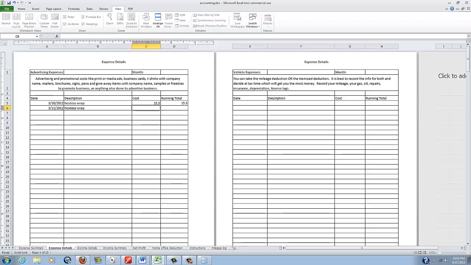And the other hostess wrap. Blitz cards and brochures. So we're going to make sure that we're writing down the date.